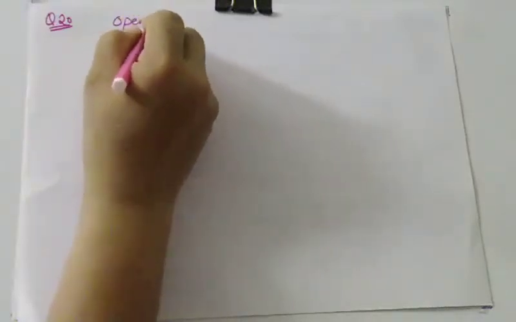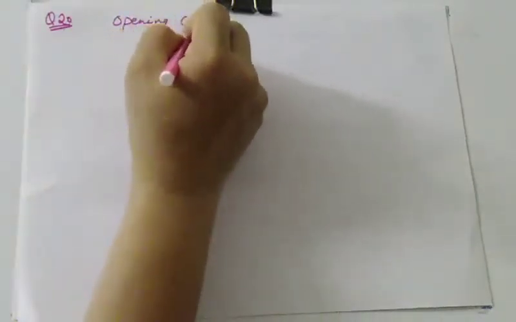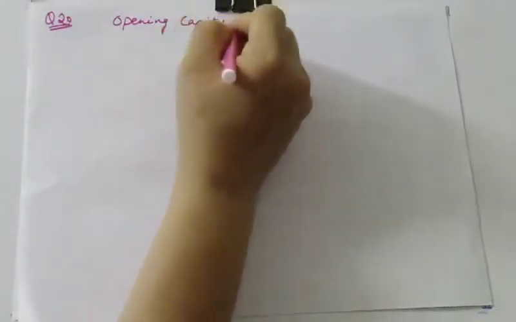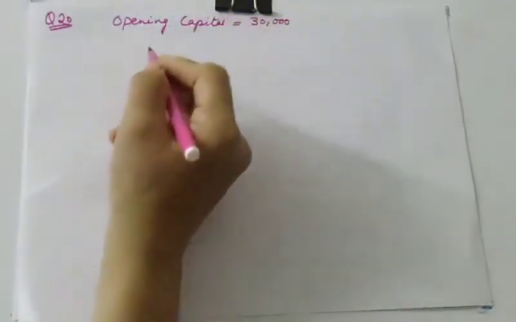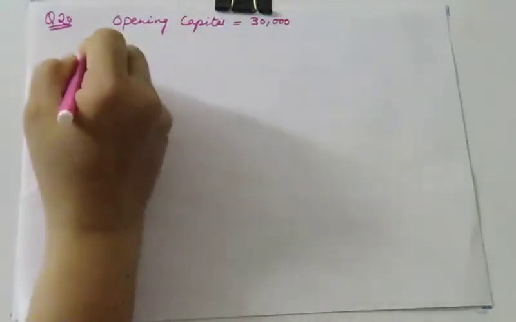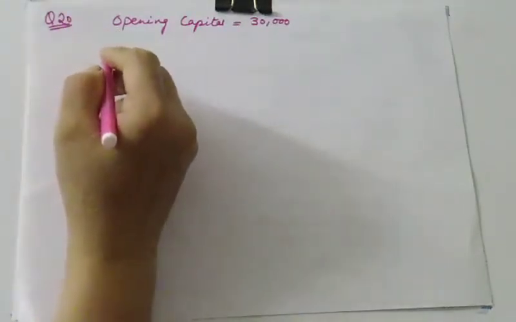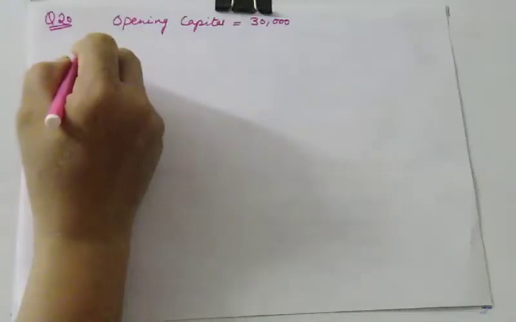So what is given in question number 20? Opening capital is given to you. Opening capital is given as 30,000. And details of closing assets and liabilities are given to you.